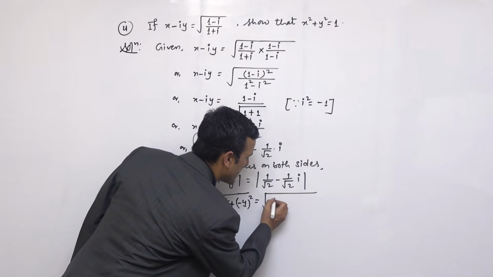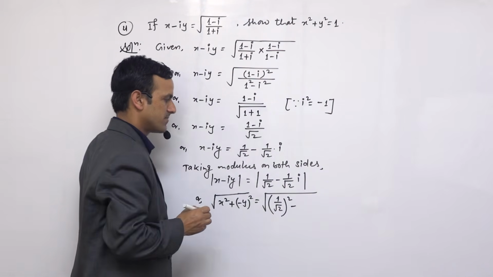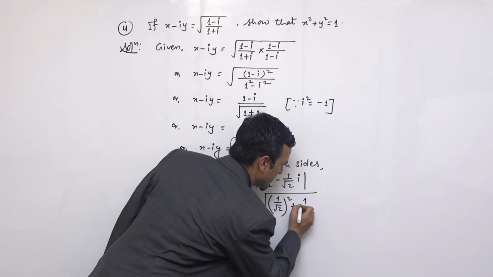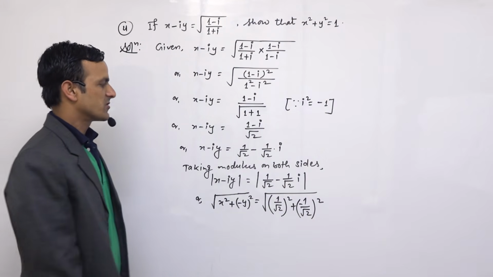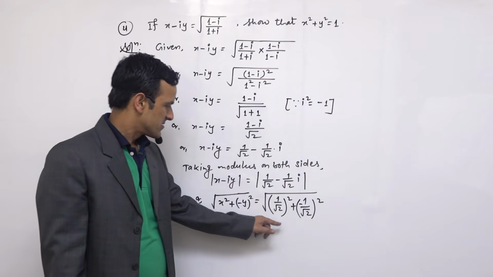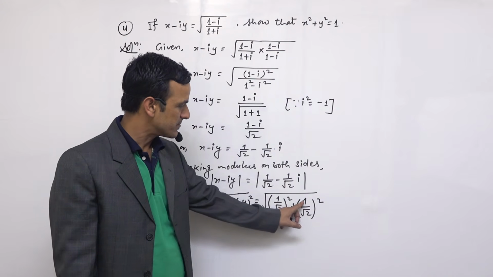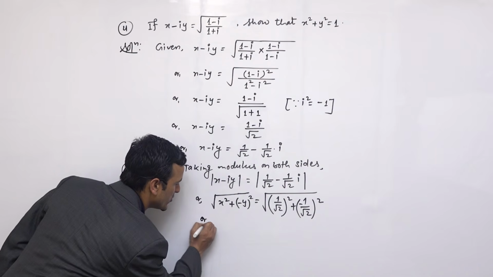Here the real part is 1 upon root 2, and this is the square, plus the imaginary part, minus 1 upon root 2, whole square. This is done by using the formula: 1 by root 2 square plus minus 1 by root 2 square. From the definition we got this.